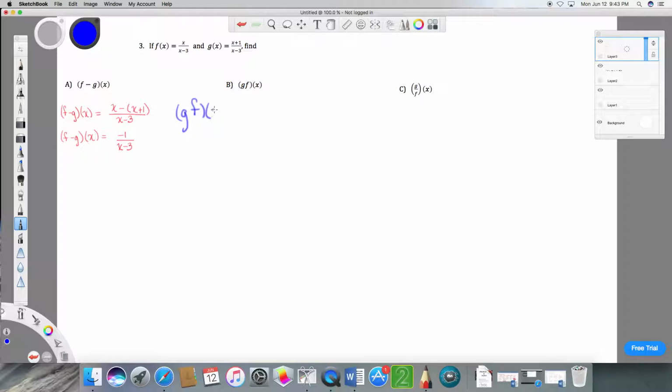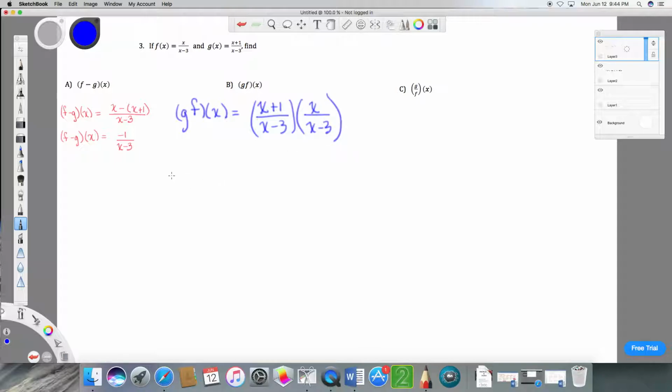So, multiplying these two functions together, we have g is x plus 1 over x minus 3, and f is x over x minus 3.